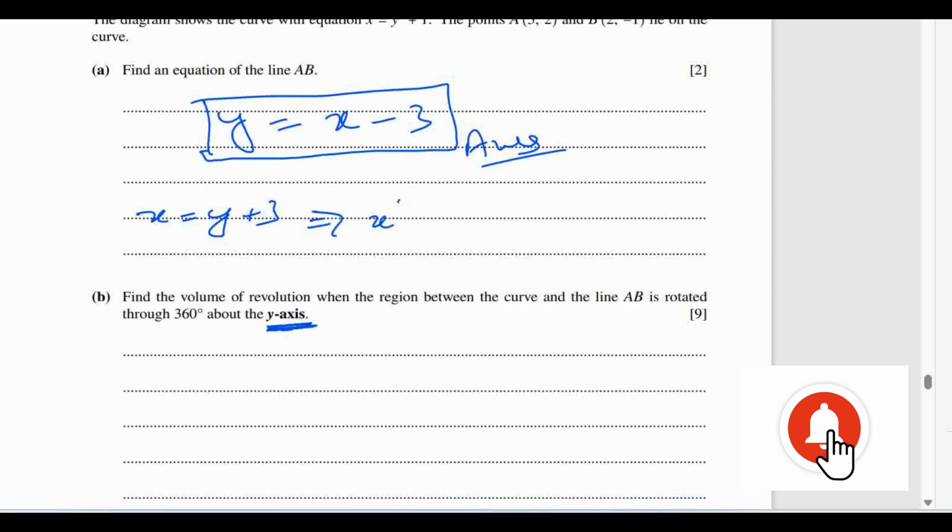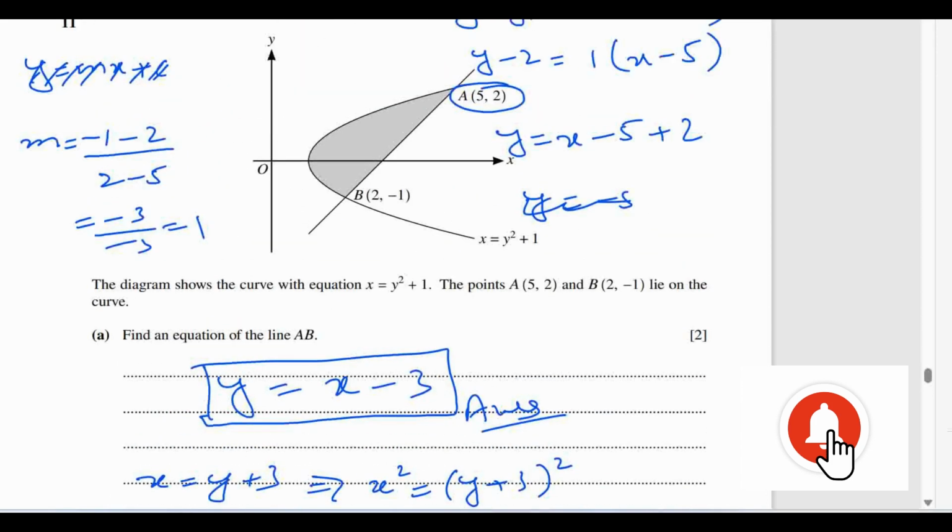So x square will be equals to y plus 3 whole square, which means x square will be equals to a square plus b square plus 2ab. So this will be this thing. Now we have to integrate it, we have to find the volume. For the volume, we also have to see that we have to use the values of y.